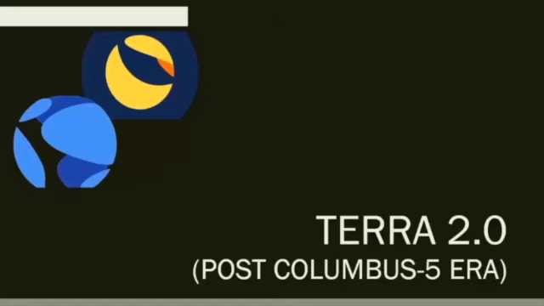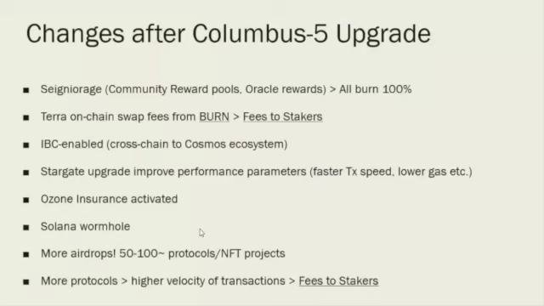Now there is this Terra 2.0. Terra recently went through a Columbus 5 upgrade on the 30th of September or 1st October. And what are the changes of Columbus 5? These are all the summary of it. Seigniorage is when you swap Luna to UST. Before that, a portion of it goes to the community reward pools and Oracle rewards.